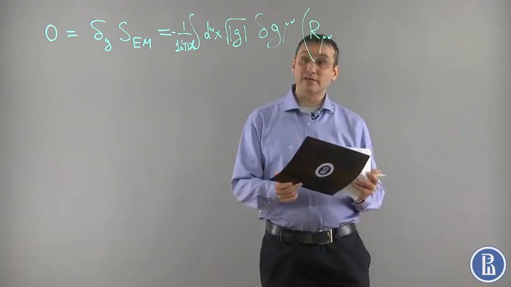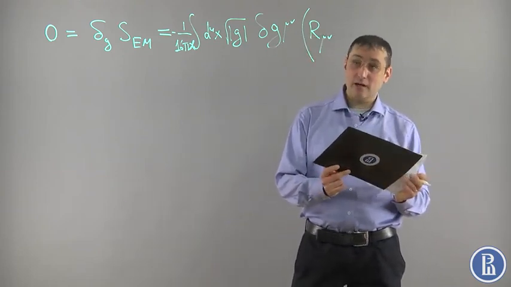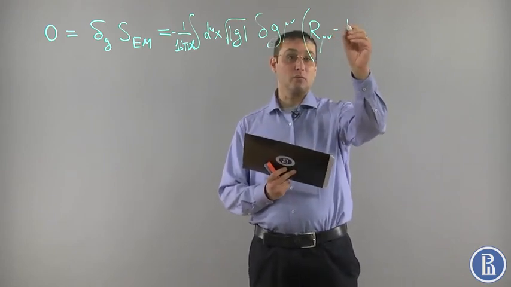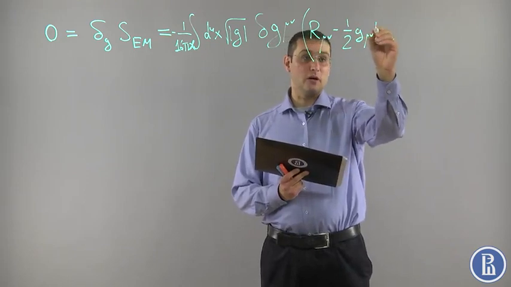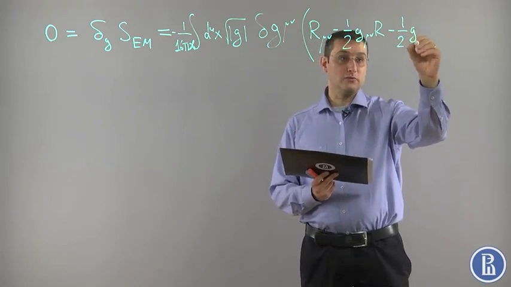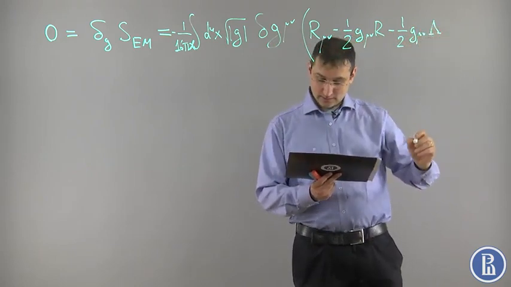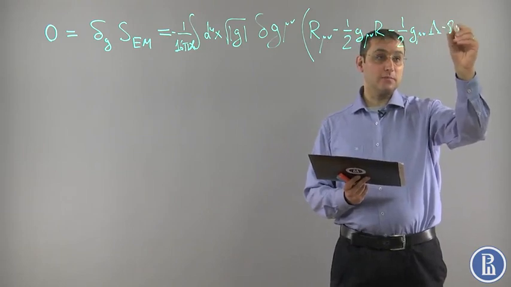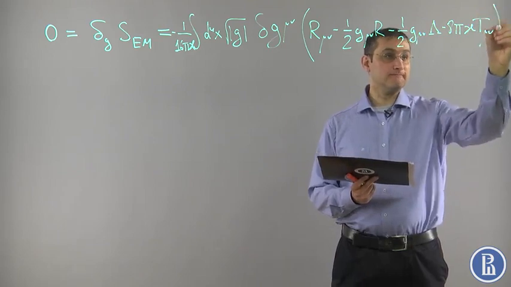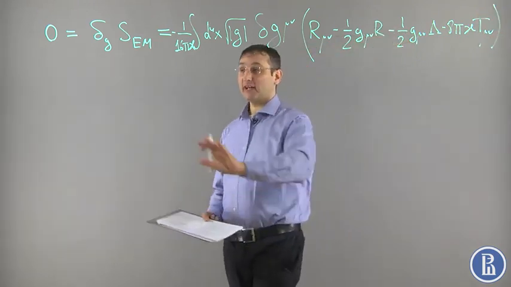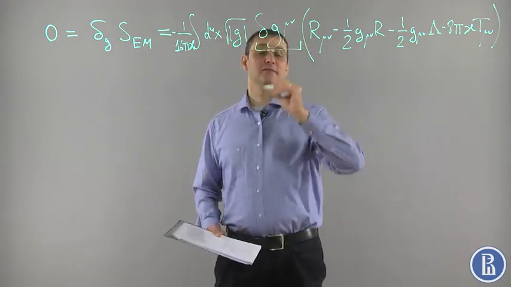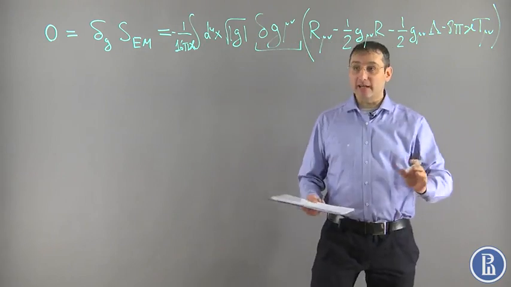So multiplied by square root of g times R times g mu nu and times the following thing: 1/2 g mu nu R minus 1/2 g mu nu lambda minus 8 pi kappa T mu nu. So this has to be equal to 0 for any small delta g mu nu, for any value of this guy.